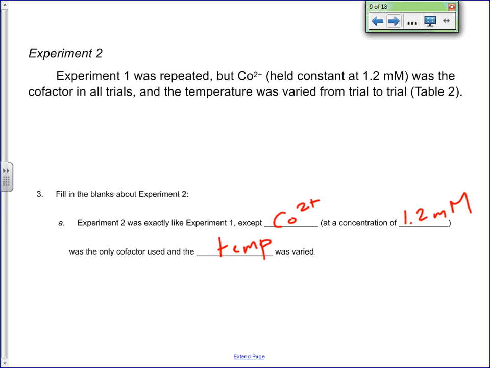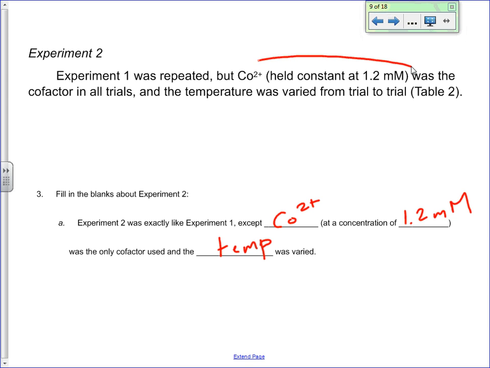It says that experiment 1 was repeated, but what temperature was experiment 2 using in this case? Was it constant or were they all different? They're varied, so the temperature varies here. But what was kept the same here? There was stuff that was held the same.